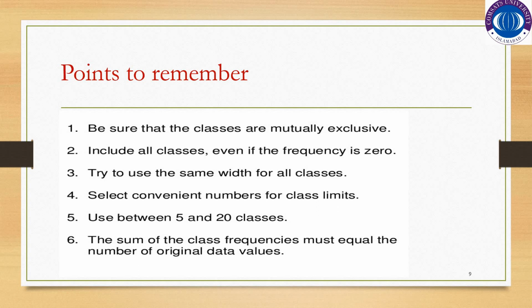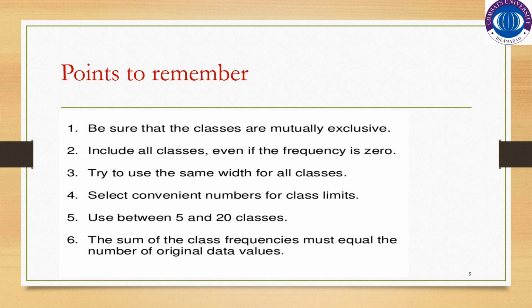Mutually exclusive means they should not overlap, they should be disjoint. No observation should repeat in them. It is also called non-overlapping or disjoint. The second one is to include all classes even if the frequency is 0.